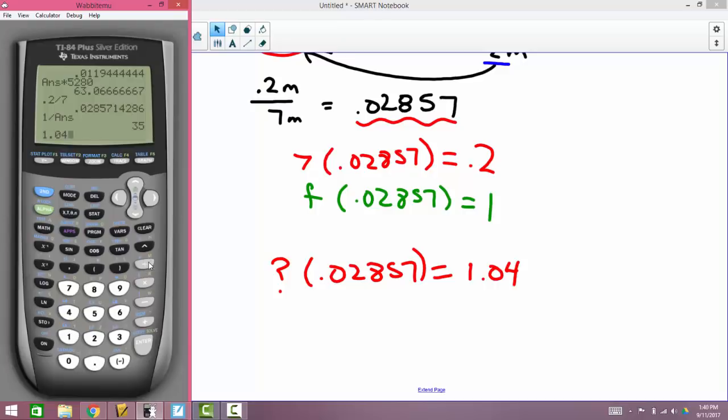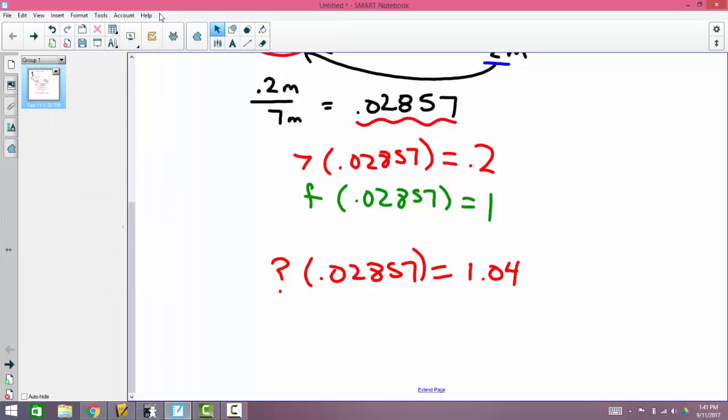1.04 divided by, we can't do the answer this time because the last answer was 35. So 0.02857, and you will get 36.4, and that makes some good sense too because that should be the longest side. And when in doubt, go 3 decimals out.